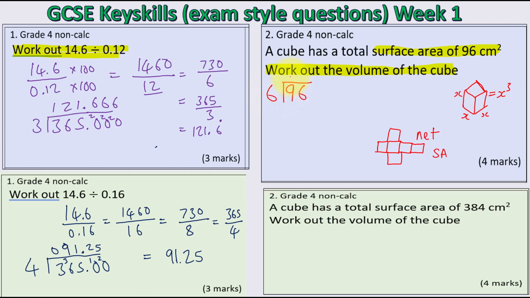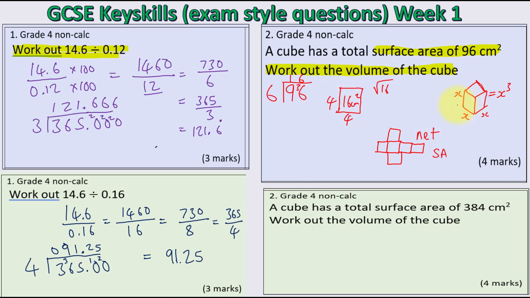So 6 into 9 is 1, remainder 3, 6 into 36 is 6, so 16. So 1 square of the surface area is 16 centimeters squared. So what is each side of a square? So we square root 16, so we know it's 4.